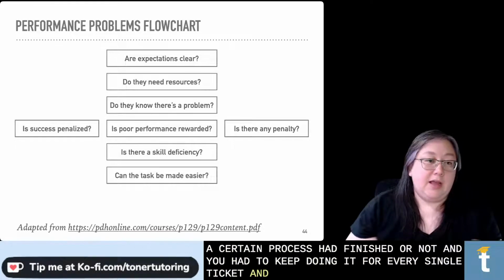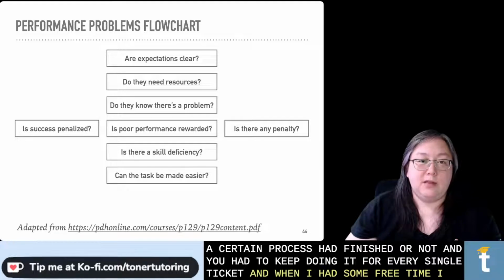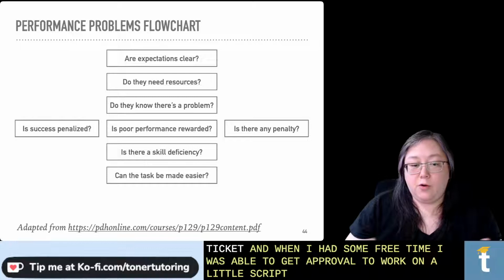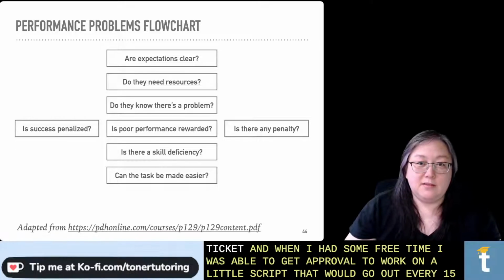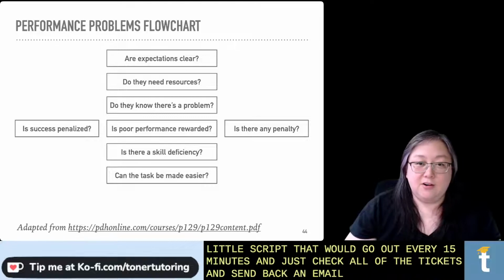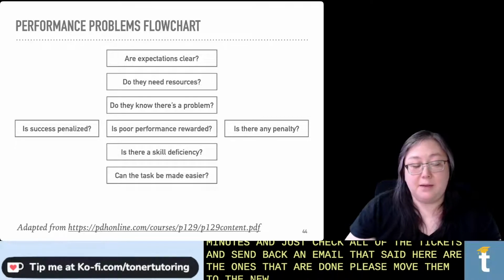And when I had some free time, I was able to get approval to work on a little script that would go out every 15 minutes and just check all of the tickets and send back an email that said, here are the ones that are done, please move them to the next step.